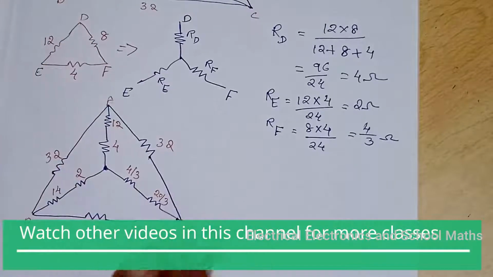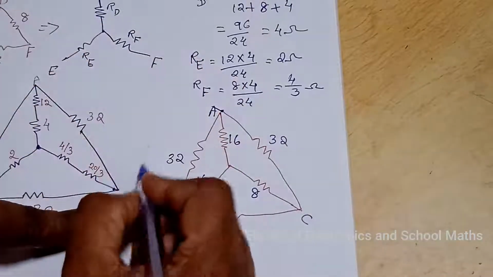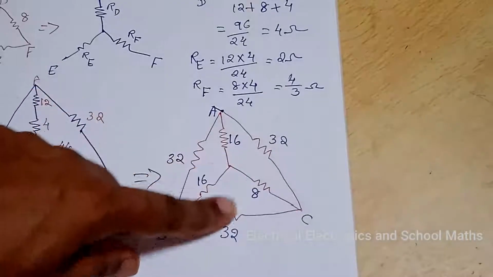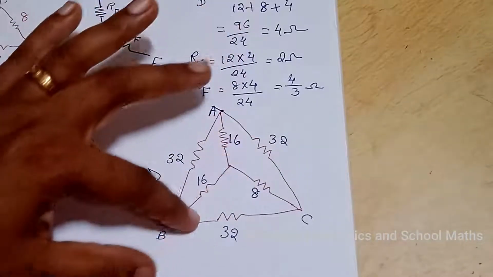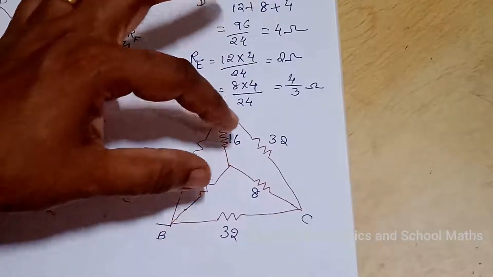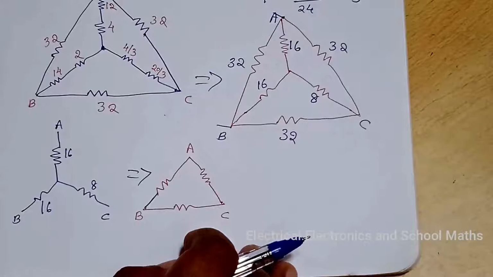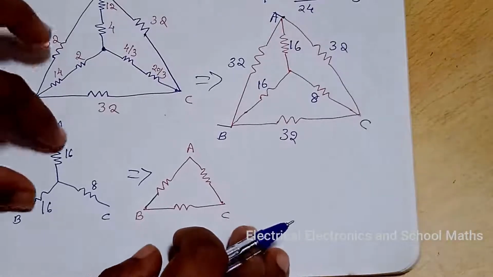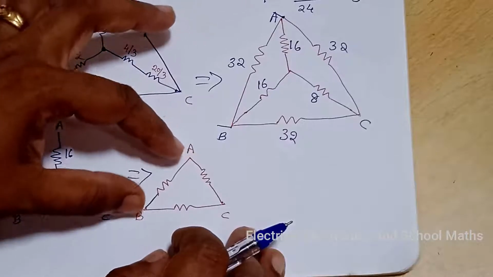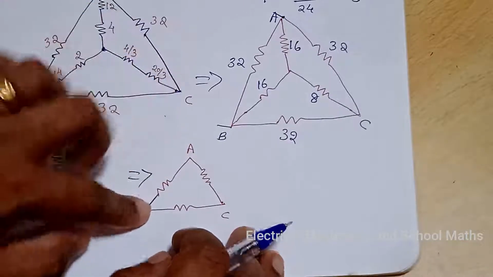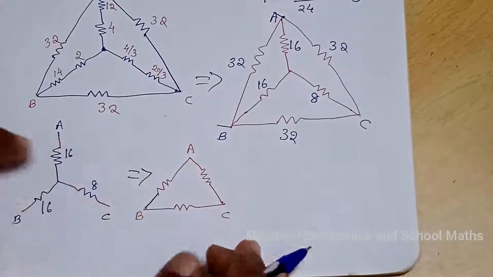Again after redrawing, we get like this. Now in this picture there is a star connection. Convert this star connection into delta connection. Here we have to find the values RAB, RBC and RCA.